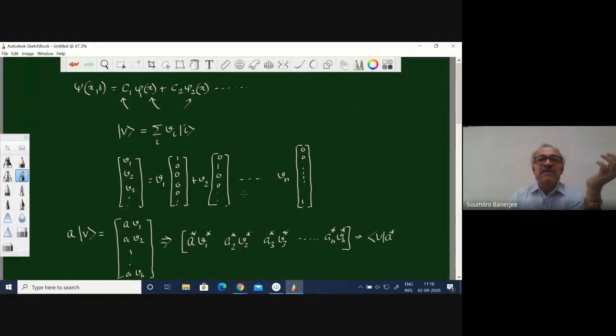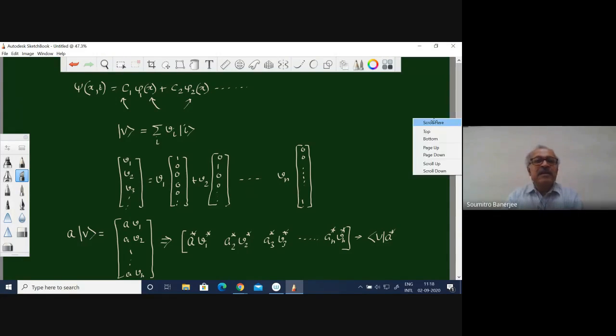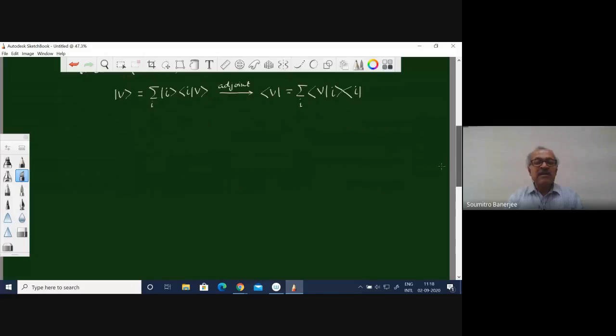Depending on what you choose as the basis, your components will change, and that is something we'll have to deal with in much more detail later. But one thing to understand is that the numbers C1, C2, and so on depend on what you choose as the basis vectors.